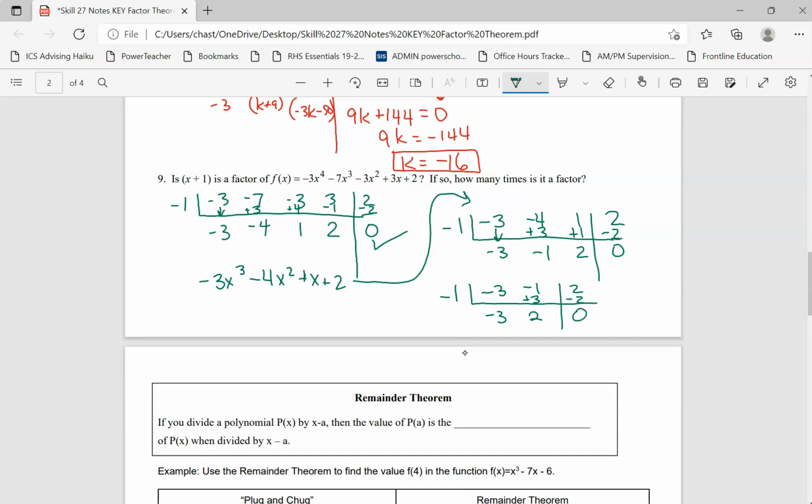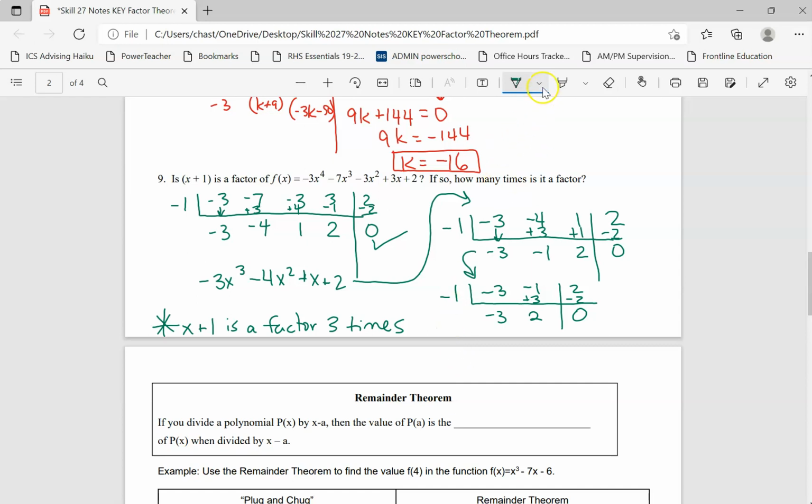And look at that, it works again. So x plus 1 is a factor 3 times. And that's because we did 3 synthetic divisions and we were able to get this to work out.